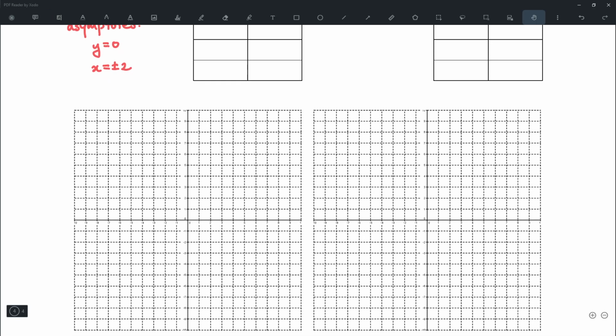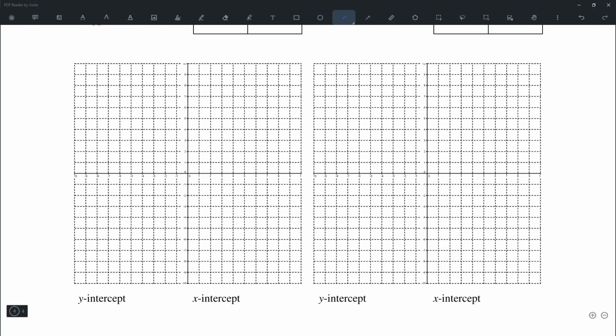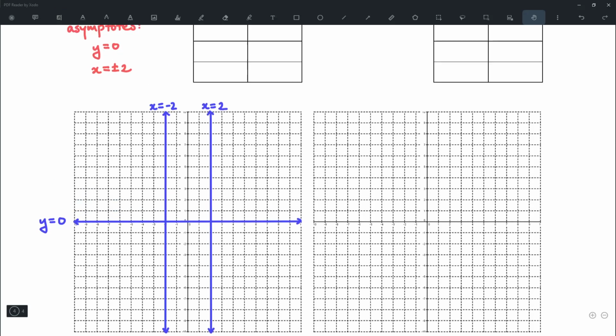Okay, so we can go to the graph and add the asymptotes in. And to complete the graph, we will use a table of values.